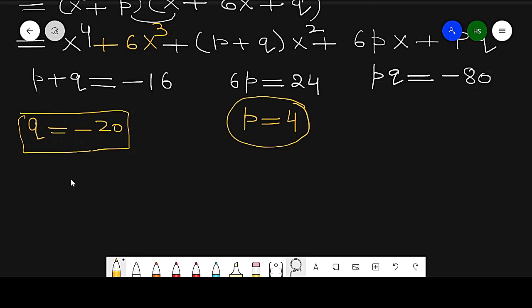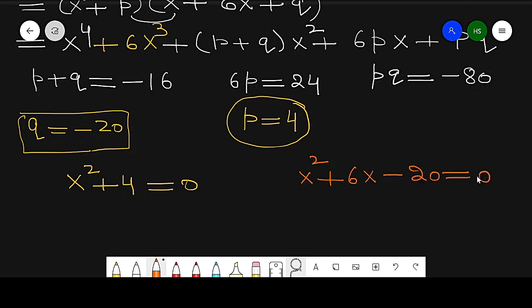Now one quadratic equation is x^2 + p, which is 4, equal to 0. And the second quadratic equation is x^2 + 6x + q, which is -20, equal to 0.